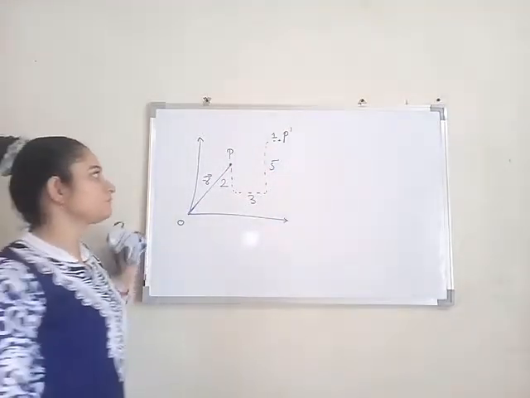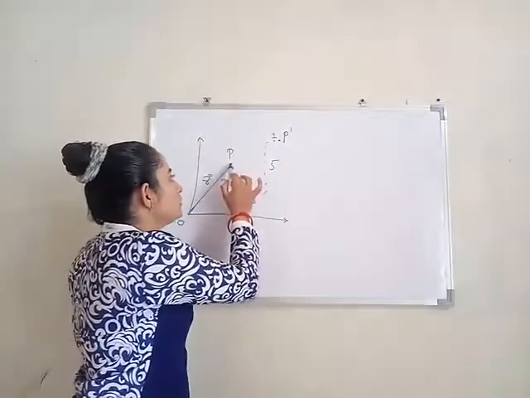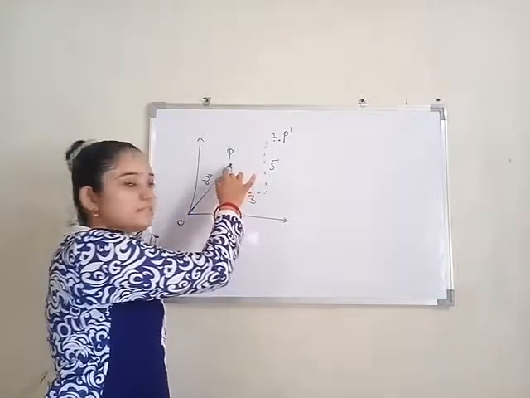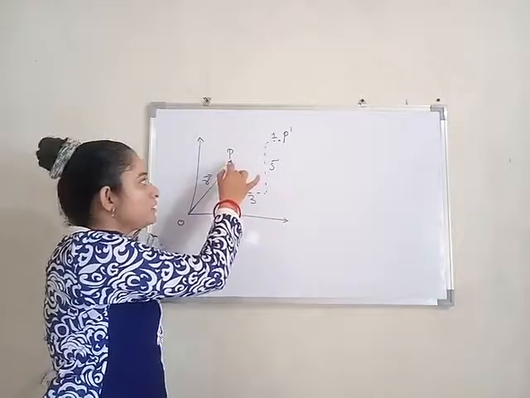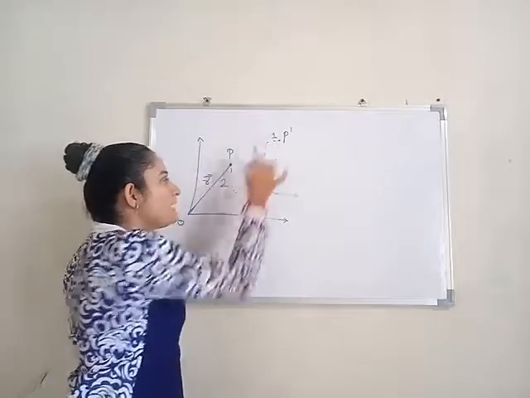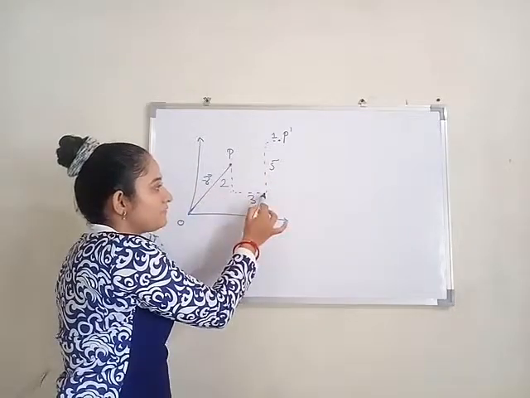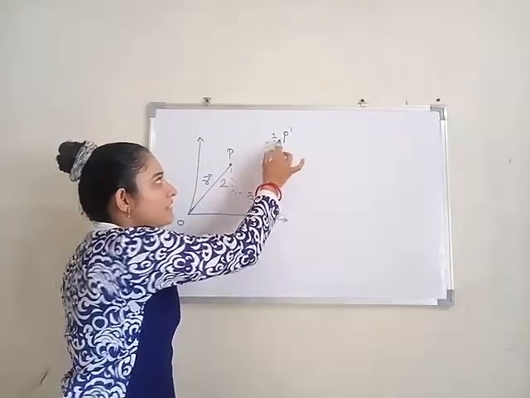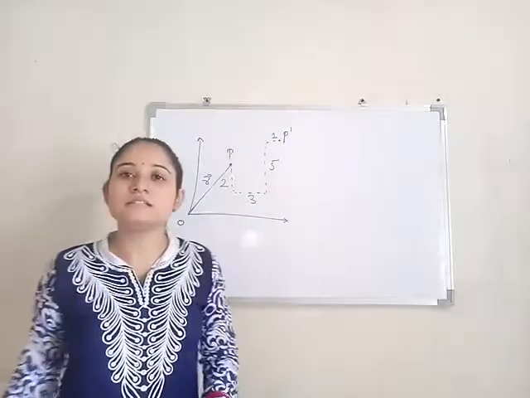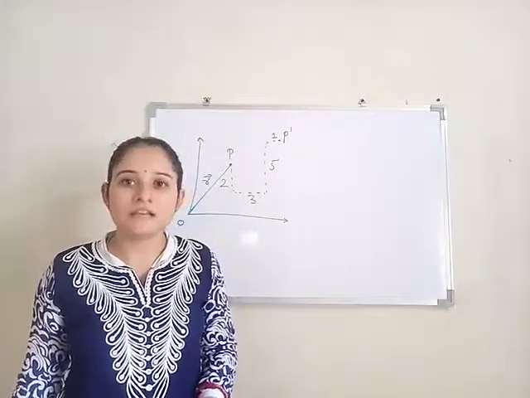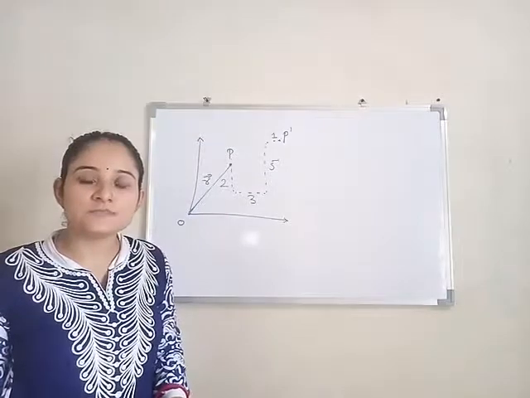Clear? So now, what is the distance which I travelled from point P to P dash? That is 2 plus 3, 5 plus 5, 10 and 1, 11. So what is the distance? Distance is 11 meter. But what is displacement?